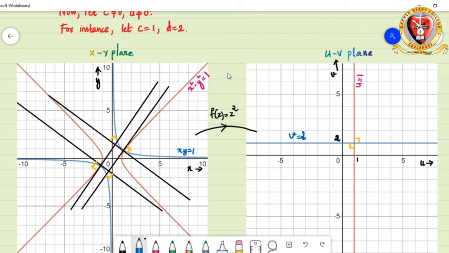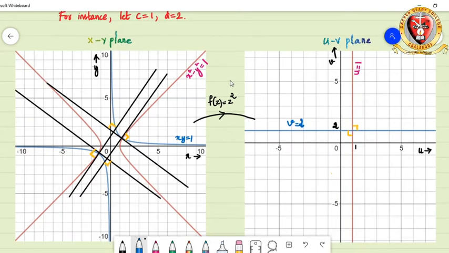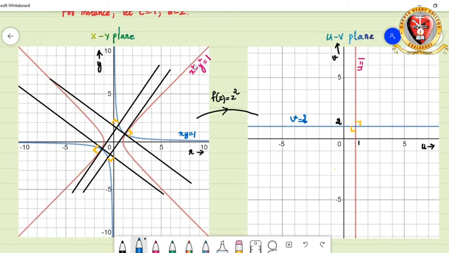In the first xy plane, we are having two sets. The first set is a set of all points on x square minus y square is equal to 1. And in the second set, we are having the set of all points on the hyperbola xy is equal to 1. So we are thinking about the intersecting points and the intersecting angles.